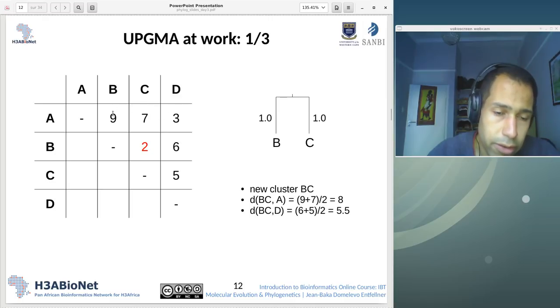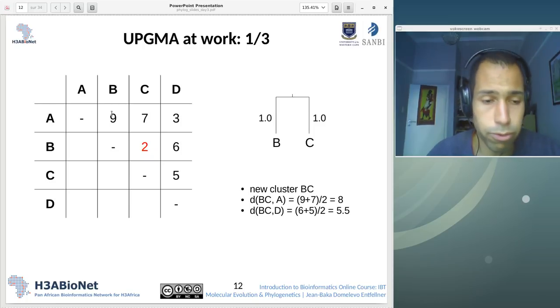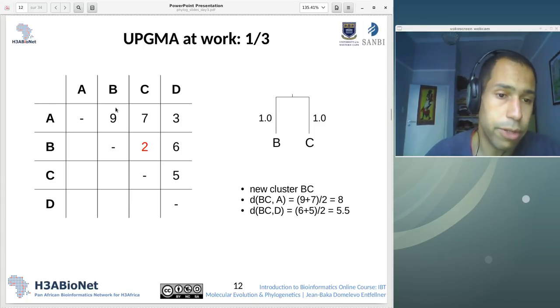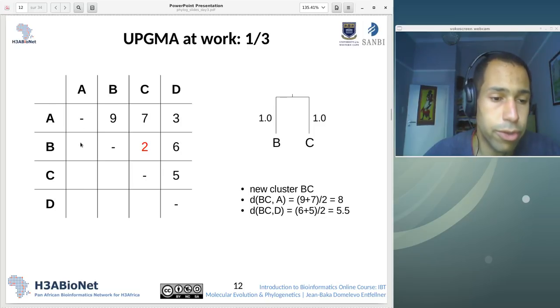As we said earlier, we most often have symmetric distances, okay? And in fact, in mathematical terms, a true metric must be symmetric, so it means that the distance between A and B must be the same as the distance between B and A. So here I could have written a 9 here because it's B to A, or here A to B. But just to make it lighter, this matrix is non-redundant, so every piece of information is present only once.